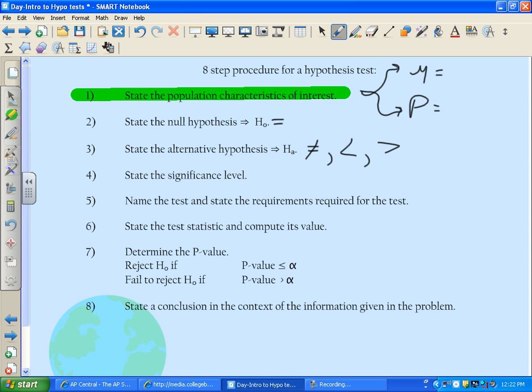And as I said, the null hypothesis always has an equal sign in it. So if we're looking at equal and not equal to, we'd be looking at greater than or equal to, or less than, or we'd be looking at less than or equal to, and then greater than. Does that make sense for our null and alternative hypothesis? Again, the null hypothesis will always have the equal sign on it.